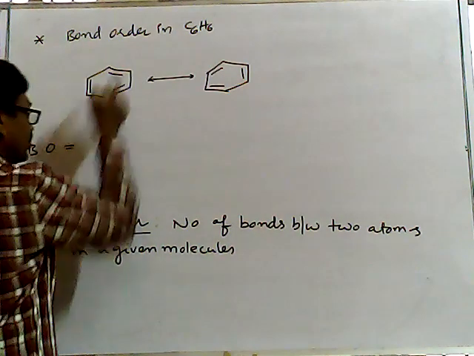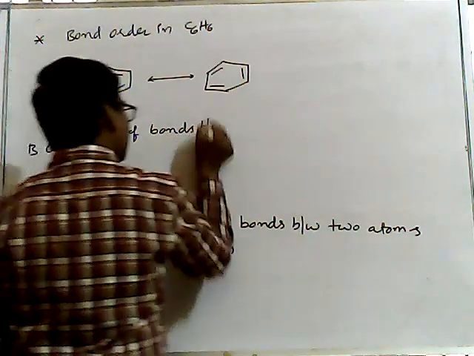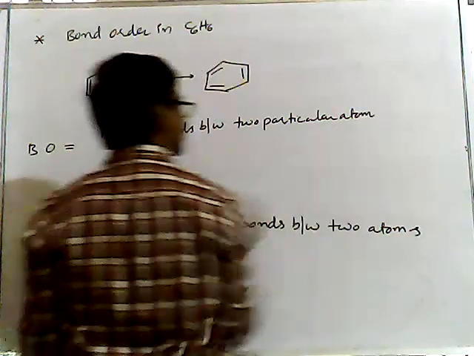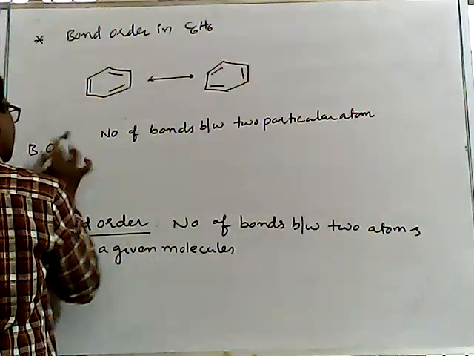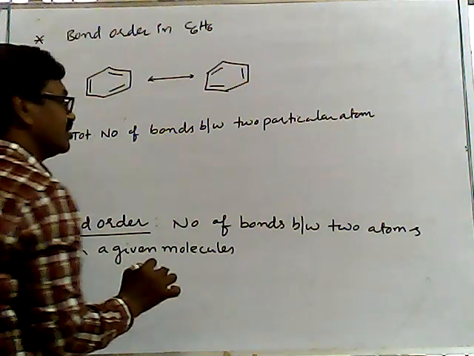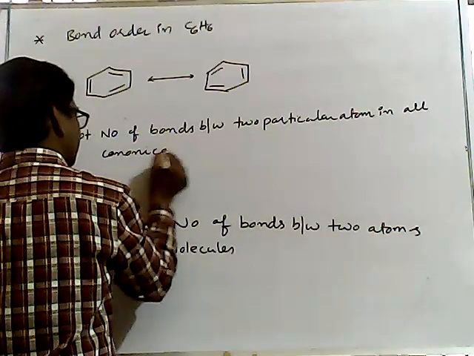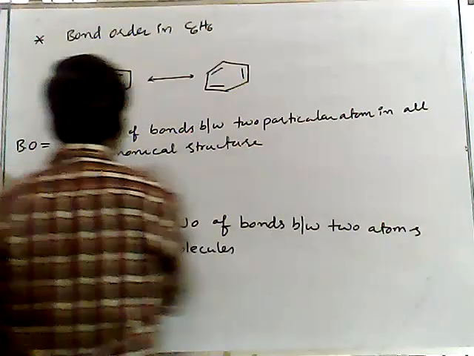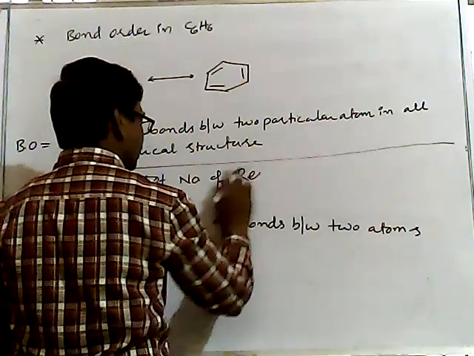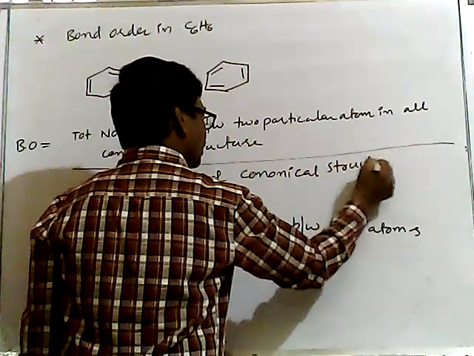Here, bond order with respect to resonance forms is the total number of bonds between two particular atoms in all canonical structures, divided by the total number of resonance forms, that is, the total number of canonical structures or contributing structures.